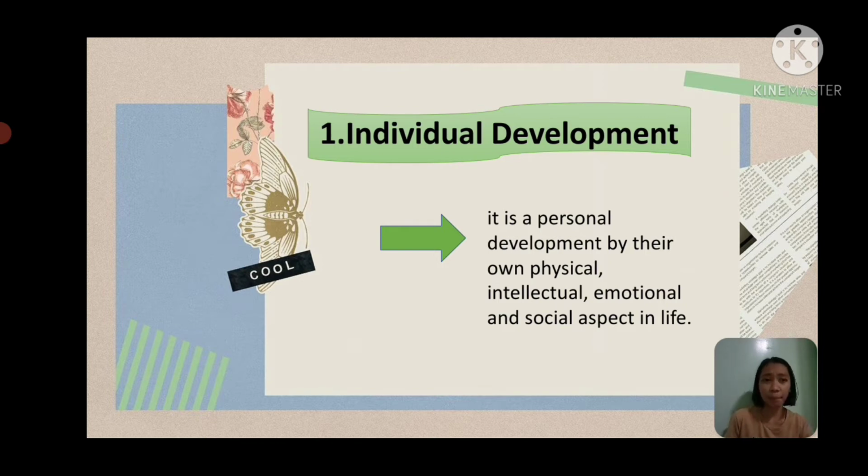So, for example, in intellectual or mental personal development, it is a development about growing your mind. For example, reading books, taking a class, and watching informational YouTube videos to improve your skills.